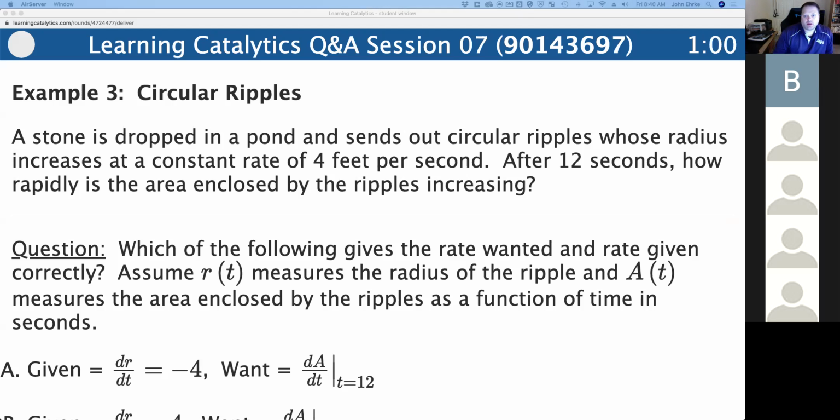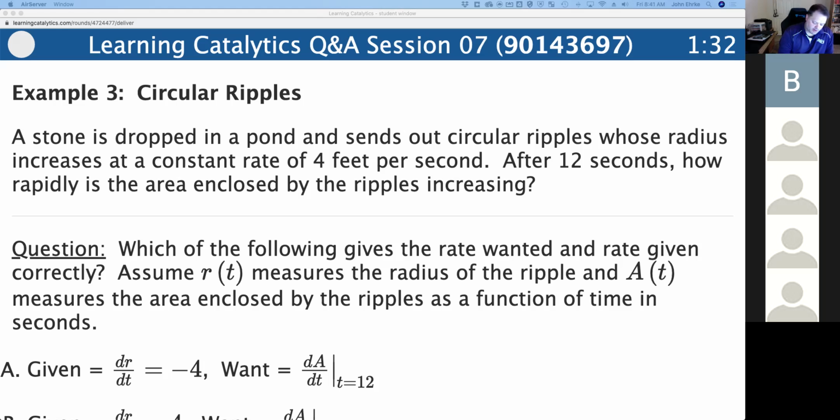So you've got the point where the rock is thrown, and you've got some concentric circles. Let me draw in a couple of circles. These are the ripples that are going outwards.